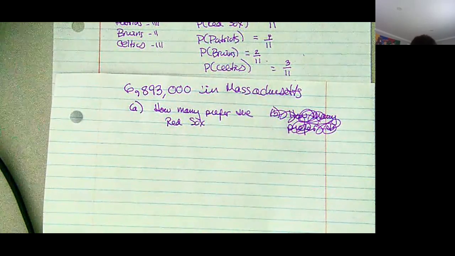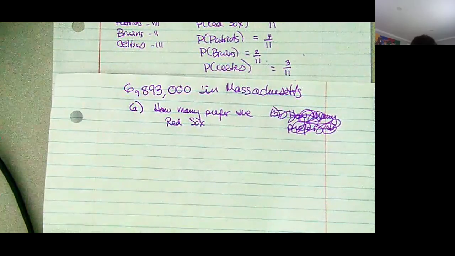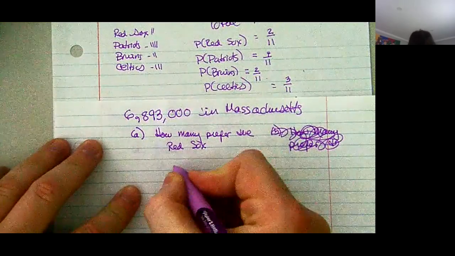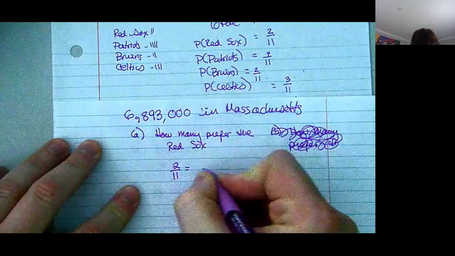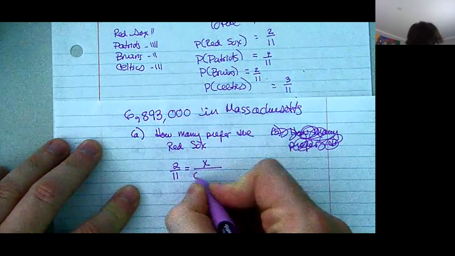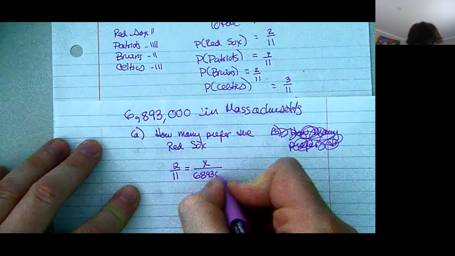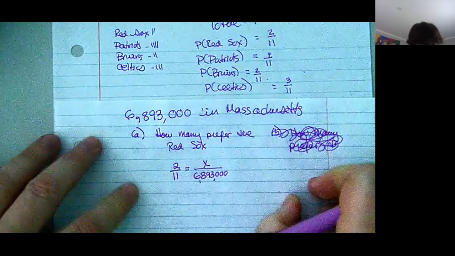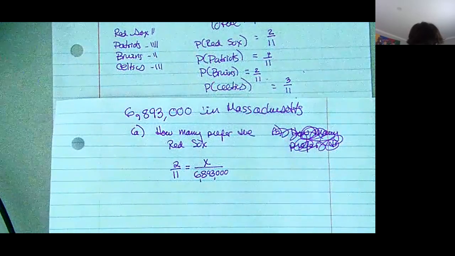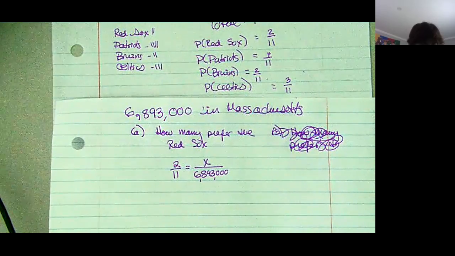So, probability they prefer the Red Sox, 2/11. Total number of people in Massachusetts, 6,893,000.